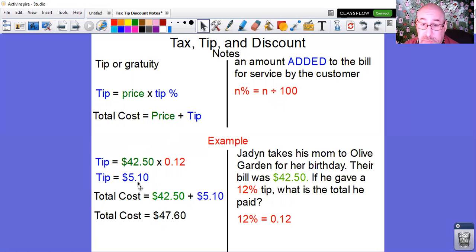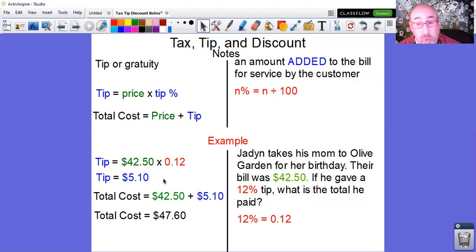To find our tip, we multiply our original cost or price, $42.50. To get that decimal, we did 12 divided by 100 to get 0.12. So the tip amount was $5.10. Again, it's bigger than the hundredths place. You may have to round.